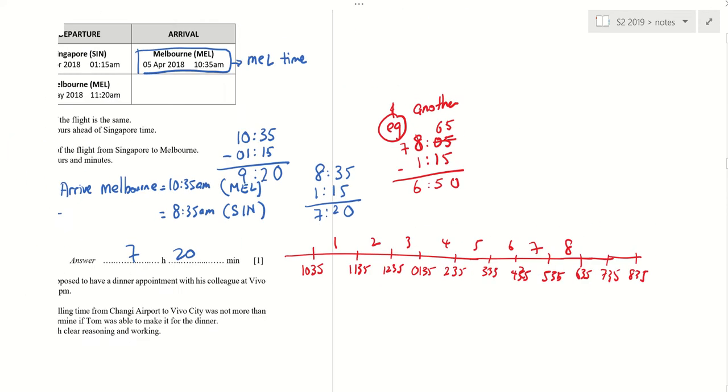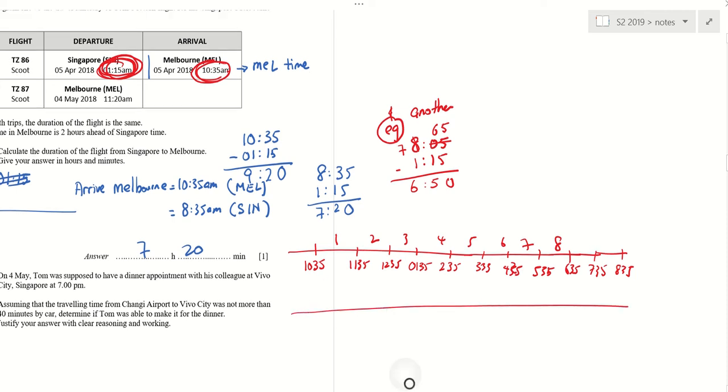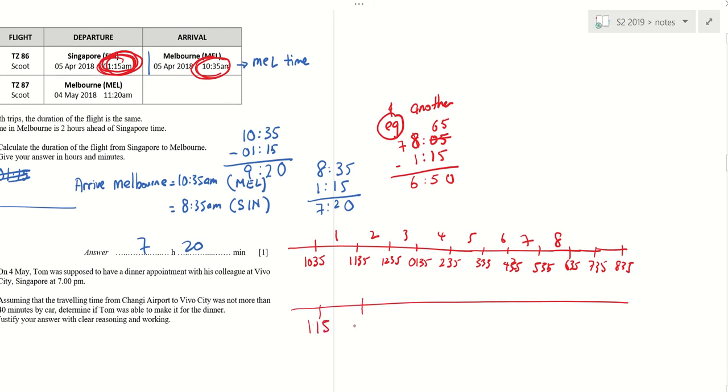I messed up, is it? Oh, yeah, I used the wrong timing. I used the 10:35. I should use 1:15. Yeah, I used the other way around.